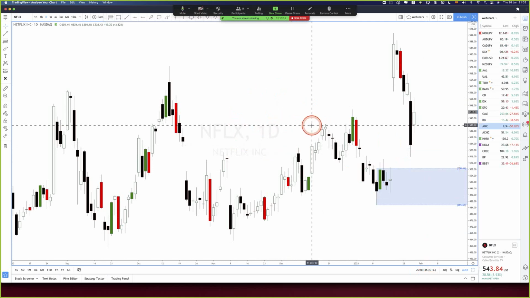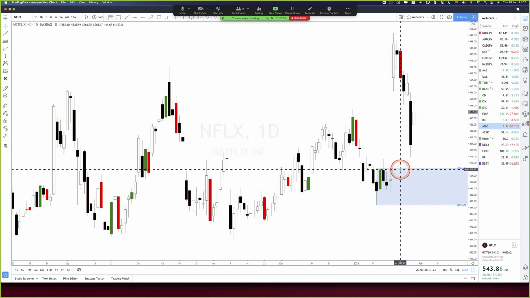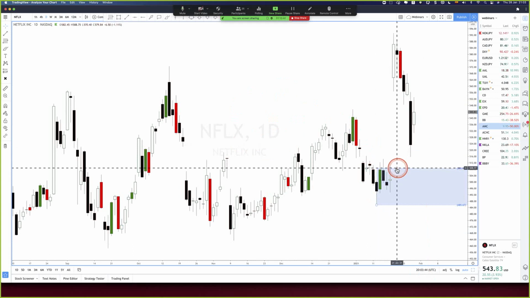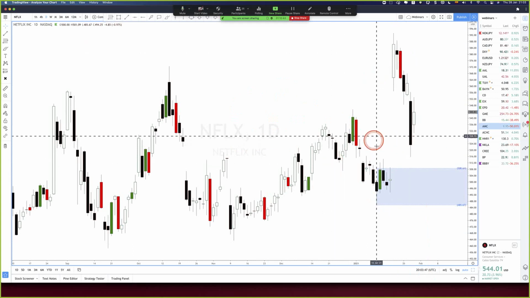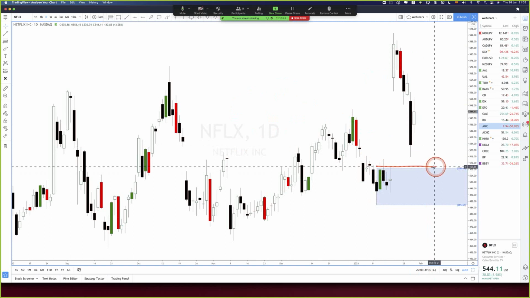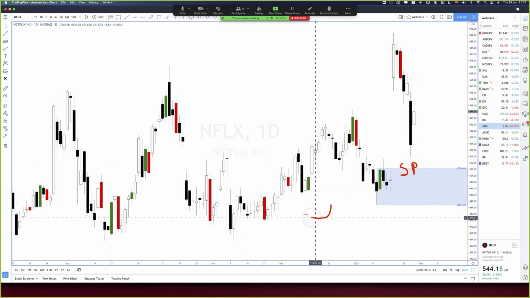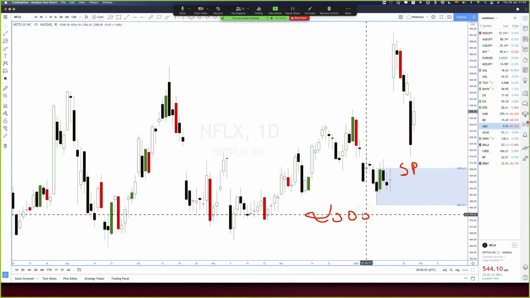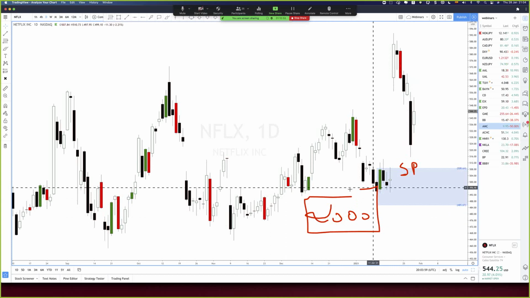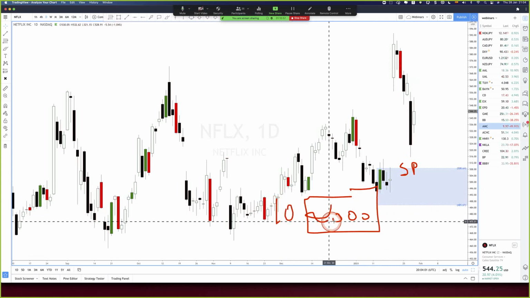What many people do is, imagine that you want to buy the shares of this stock, Netflix, and this is a super strong level and you want to hold it for a long time. Instead of buying the underlying share, they sell a put. Imagine that you get $2,000 for every contract and you sell 10. So you get $20,000.